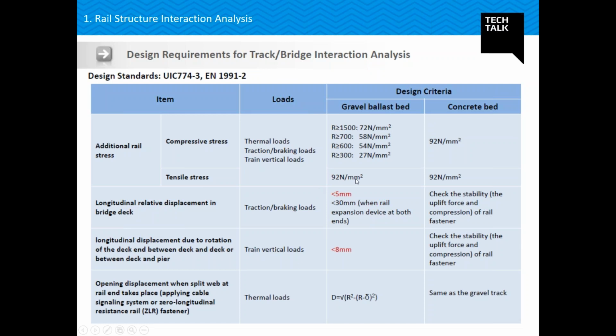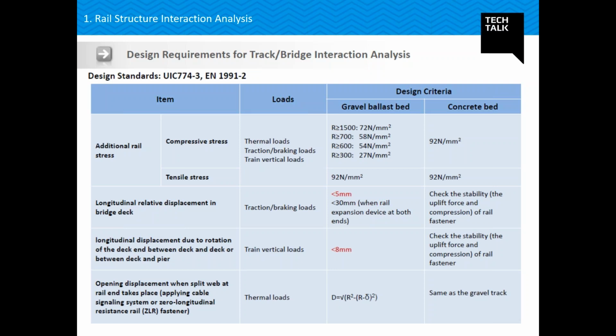So this is one difference, and the second difference is that the IRS code specifies the stiffness of my ballast for loaded condition as 50 kilonewton per meter, and for unloaded condition as 25 kilonewton per meter square.